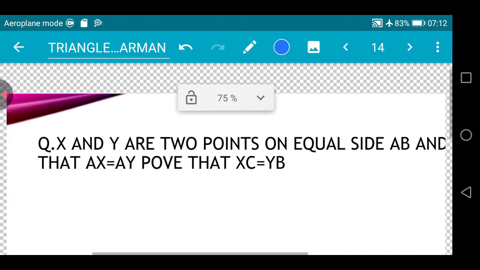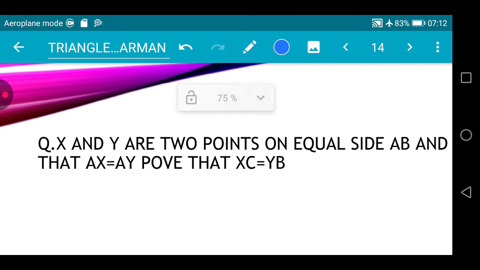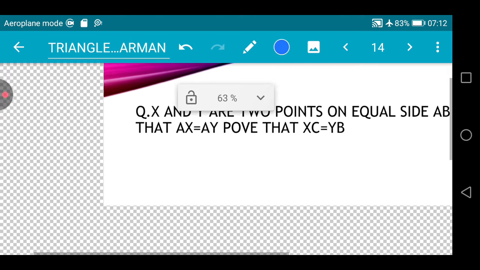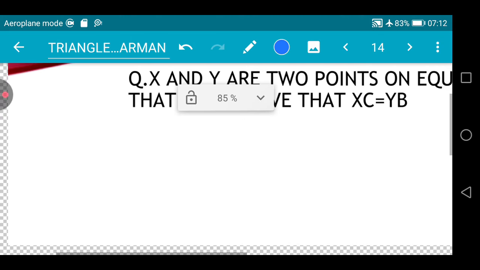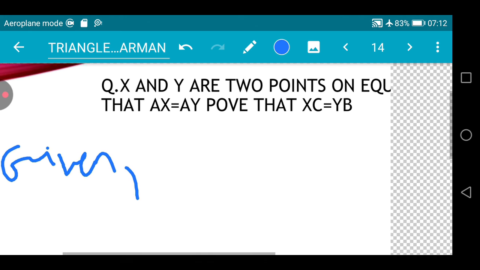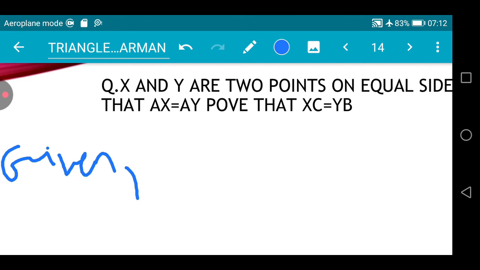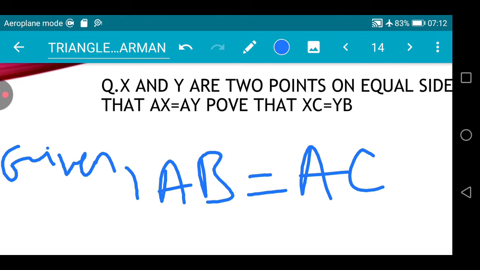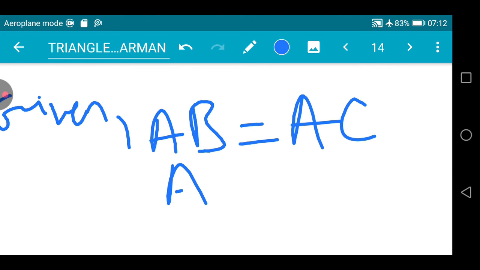From the next criteria I will not write the given, I will tell you what the given is. Given: AB equal to AC, AX equal to AY.